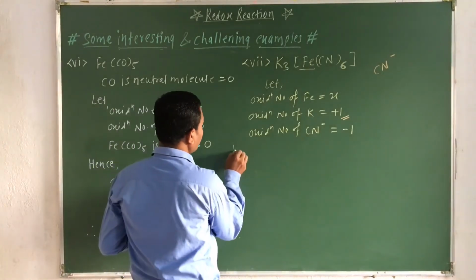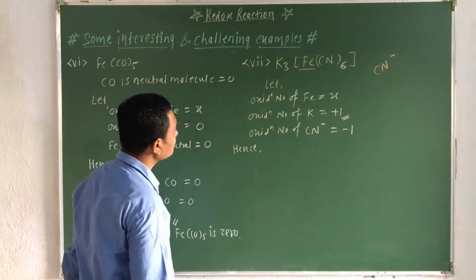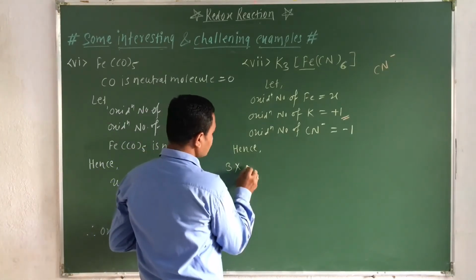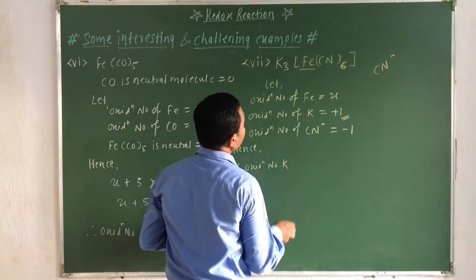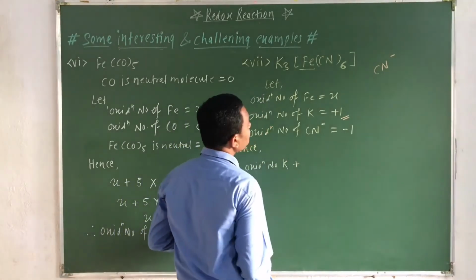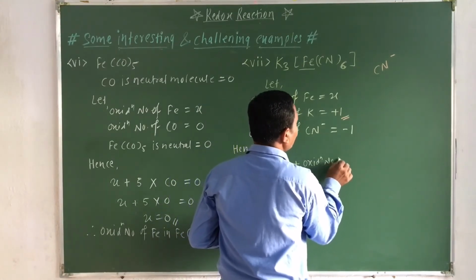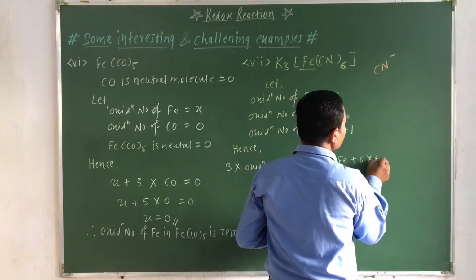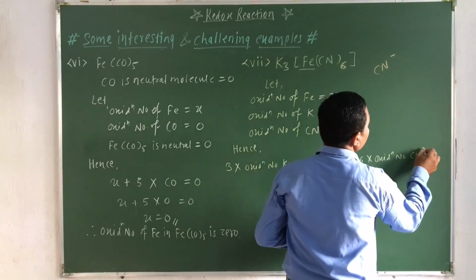Now, hence, write down the equation: 3 into the oxidation number of potassium plus the oxidation number of iron plus 6 into the oxidation number of CN⁻.